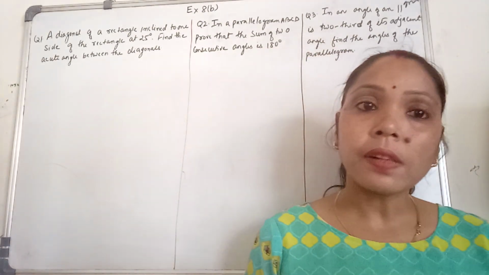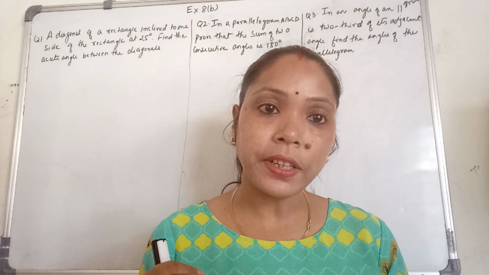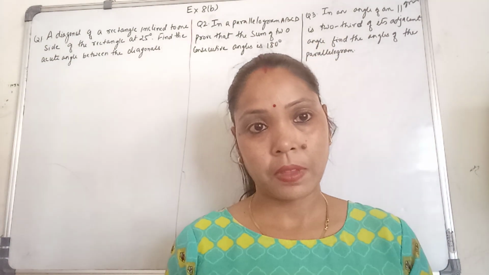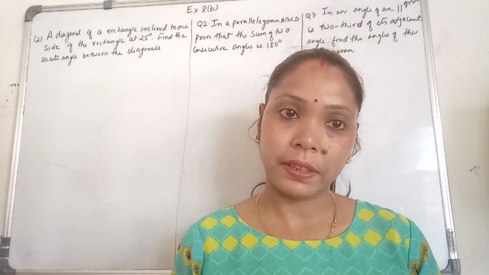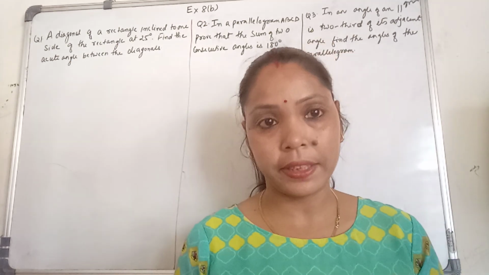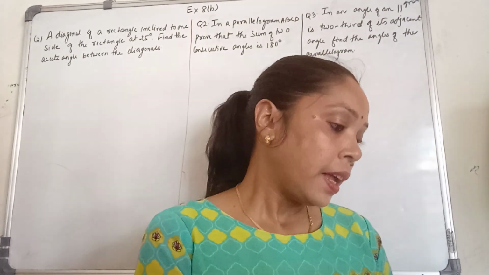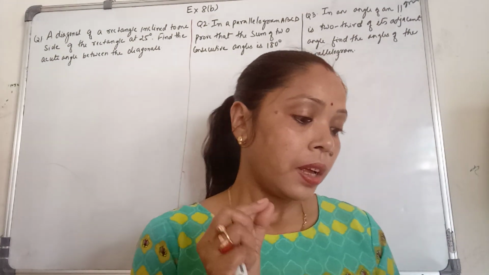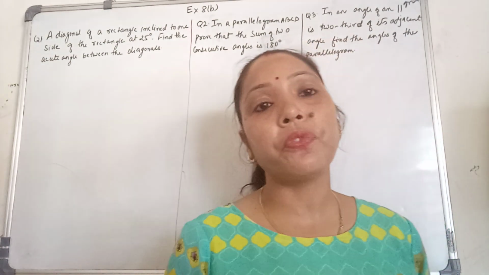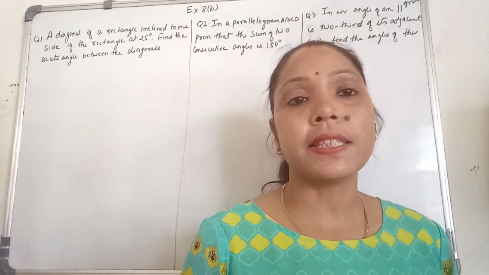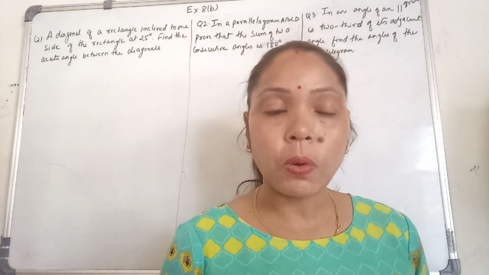Now to solve the questions of exercise 8b, we need certain theorems or certain properties of a quadrilateral. Number one is, if the opposite sides of a quadrilateral are equal, then it is considered a parallelogram.